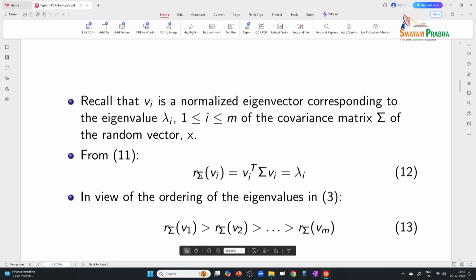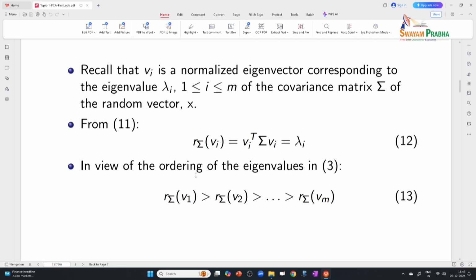If I substitute A is equal to sigma, and xi is equal to Vi, you can readily see that Vi transpose sigma Vi is equal to lambda i, which comes from the spectral decomposition, or the eigen decomposition, of sigma. So in view of the ordering of the eigenvalues, if the value of the Rayleigh coefficient evaluated at Vi is lambda i, I should have the Rayleigh coefficient at V1 greater than the Rayleigh coefficient at V2, greater than the Rayleigh coefficient at Vn.